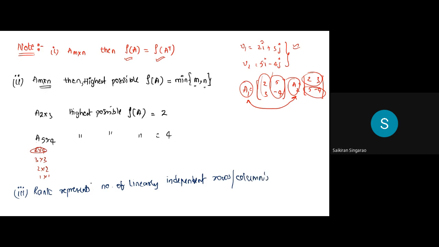Whatever rank number you're getting, say 2 or 3 or 1, those many linearly independent rows or columns will be there. Whatever rows are in this will become columns of this, and whatever columns of this are there will become rows of this. Is this clear? Did you understand this?